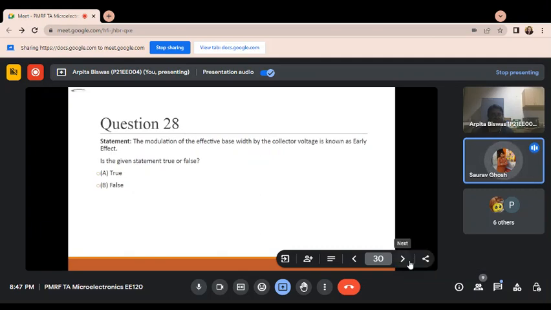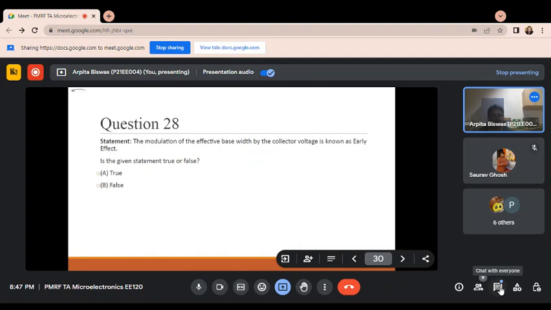Effectively, as VCB is increasing, the collector base depletion region is increasing, so the effective base width is reducing. That effect is called the base width modulation effect, and as a result, it is known as the early effect. Yes. So all of you got the answer. The right option is option A.